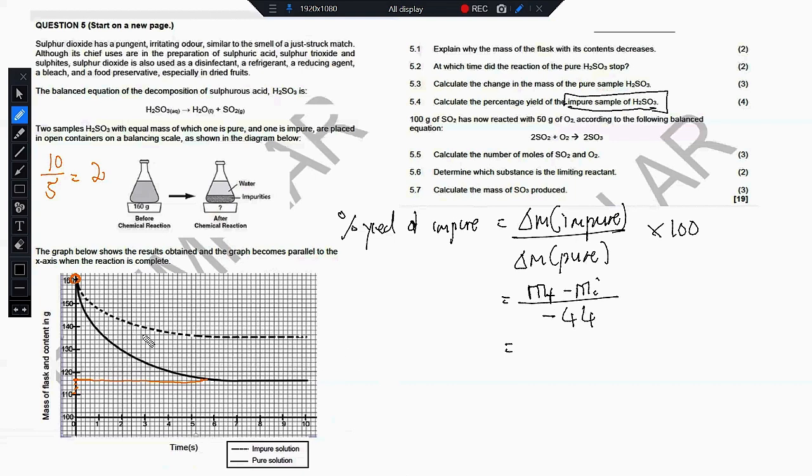So mass of the finally for the impure, we have to follow through here. And then we can see that the reaction comes to completion right at that point there. So if we can just draw that line to follow there, we can see that it's in between that block. Remember, we said each block here represents 2 grams. So that's 132, 134, and then up here it's 136.